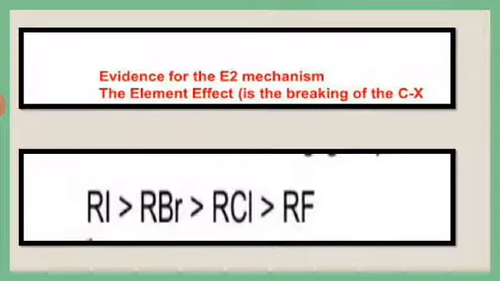Even if this reaction goes fast, the rate at which the carbon-halogen bond breaks matters for elimination. Therefore it shows a large element effect. Okay, all of you understood?